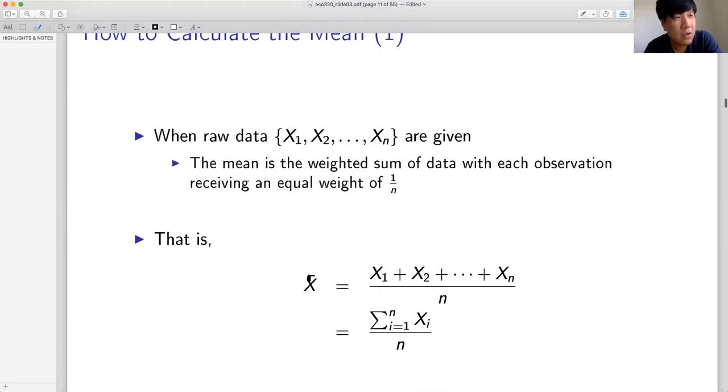You see a little bar over here that represents the mean. So when you see a random variable with a bar on top of it, that means we are looking for the mean or average of this value.